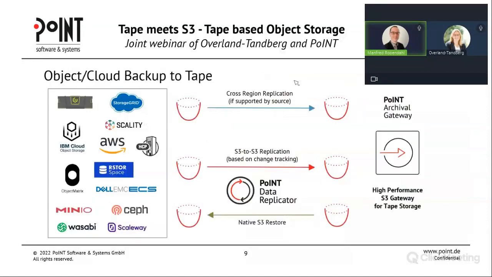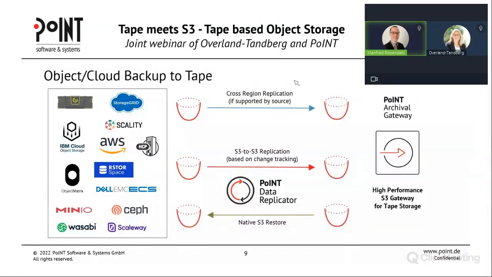Okay. And then, to get back to the actual topic of how to back up an object store, there are different approaches. Here on the left, we have the disk-based object storage systems, and on the right, the PoINT Archival Gateway. One approach is the so-called cross-region replication, which is a function of many primary object storage systems.